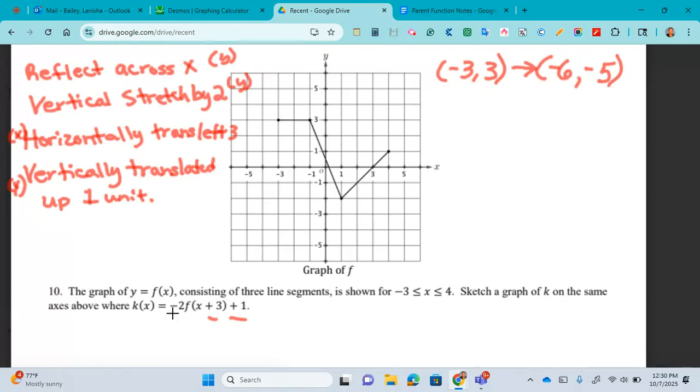Then I got another point. I have -1, 3. My x, the only thing that affected my x was a horizontal translation left 3. So -1 went to the left 3, and now I have -4.